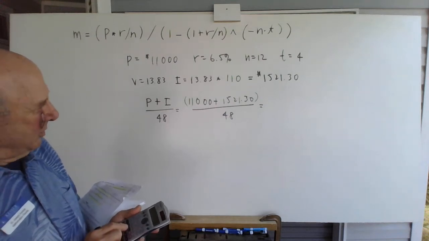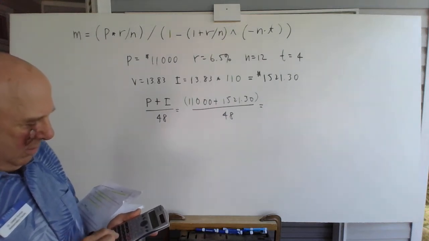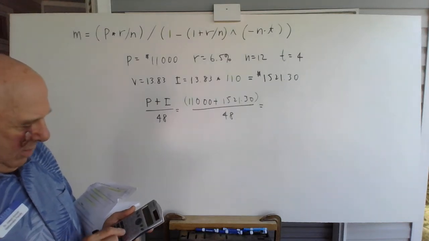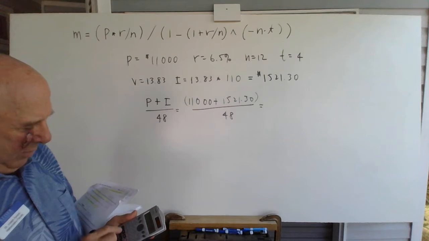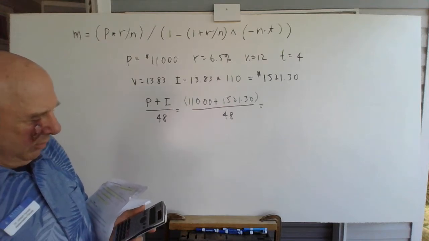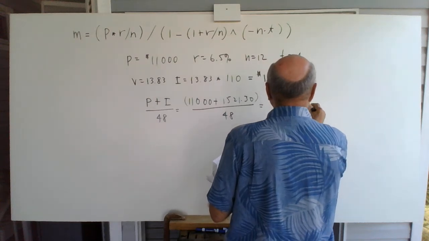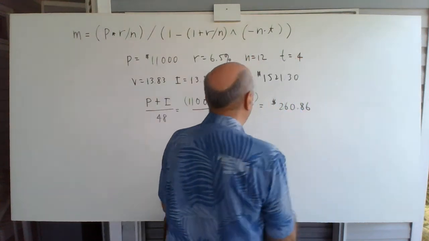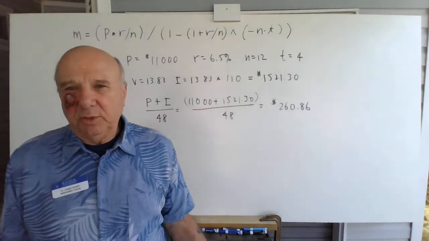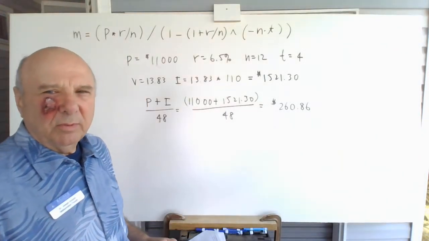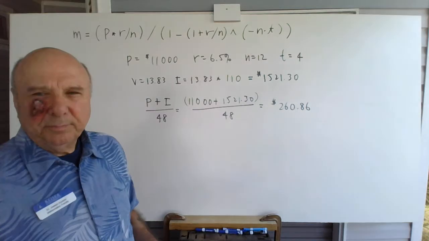So parentheses 11,000 plus 1521.3 parentheses divided by 48, I get $260.86. So that's our monthly payment to secure the loan for this car, to keep it in good standing and pay it off.